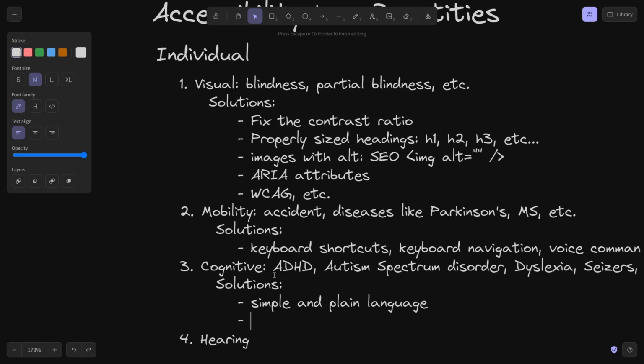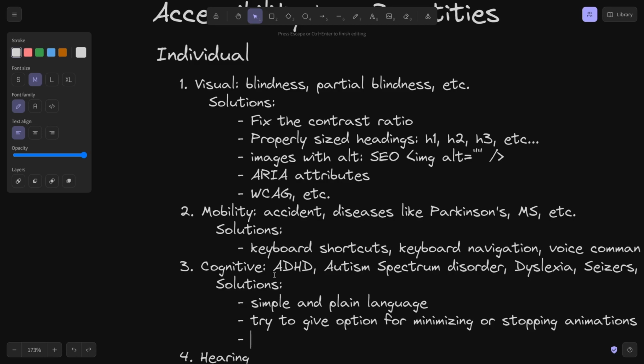Rather than complex language, have simple and plain language. Try to give an option for minimizing or stopping animations.